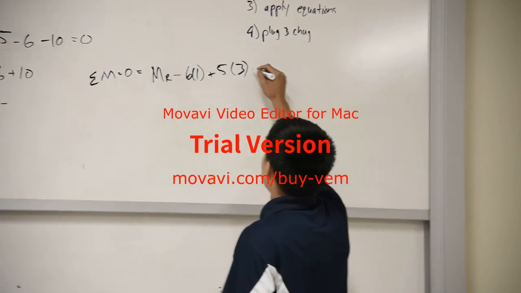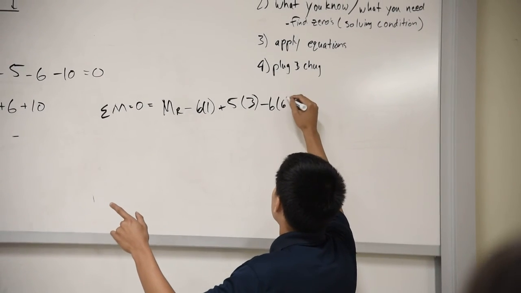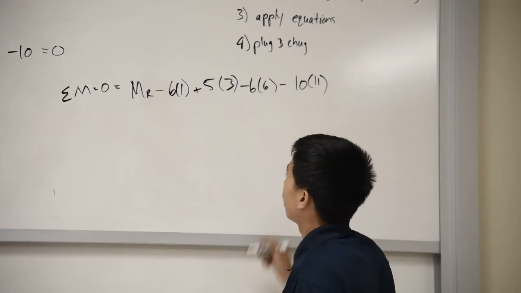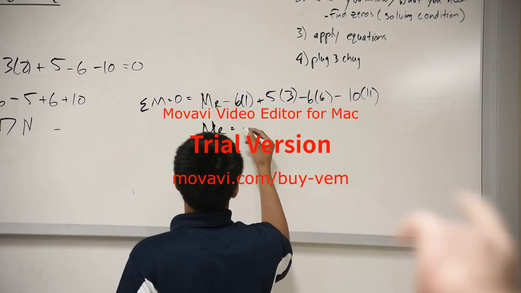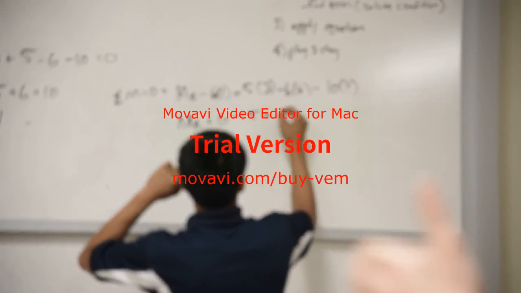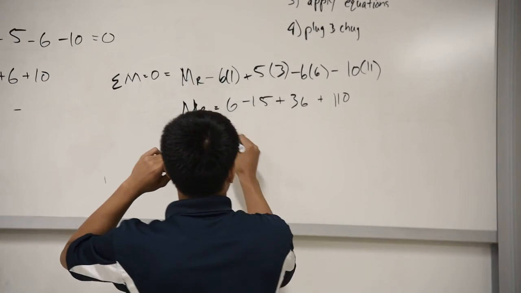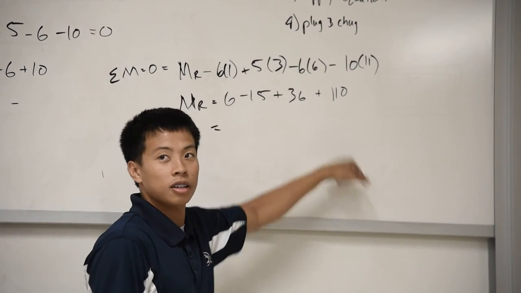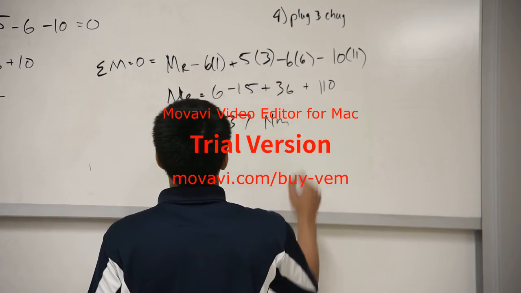The next two are in the negative direction. 6, 10 times 11. Right? MR equals 6 minus 15 plus 36 plus 110 equals minus 9, 27, 137. This is in newtons times meters.